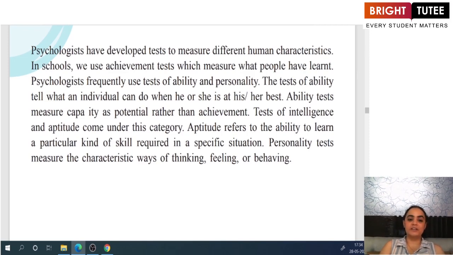So tests of intelligence and aptitude fall under this category. Aptitude also refers to how quickly you are going to be able to learn a new skill in a specific condition. And personality tests measure your characteristics, your thinking, your feelings, or your behavioral skills.